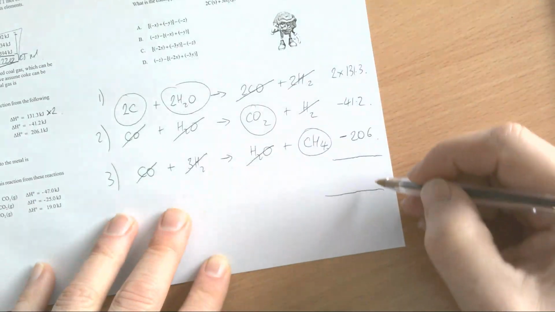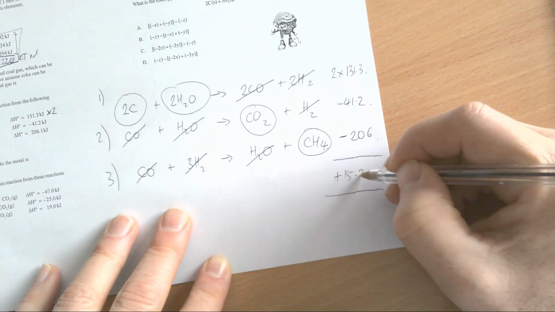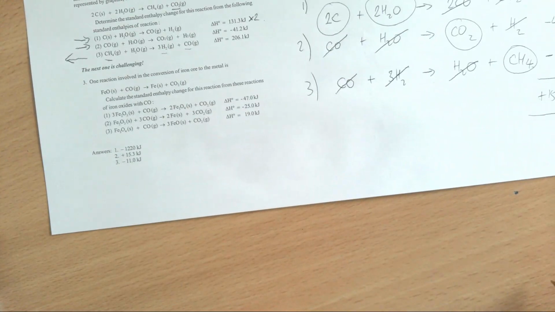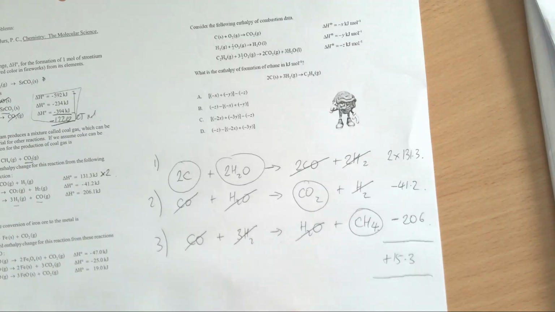Add those numbers up together, you get plus 15.3 kilojoules per mole. So that's how you do those. I'm leaving the class to do question 3 and the one that's over here, which is from an IB paper.